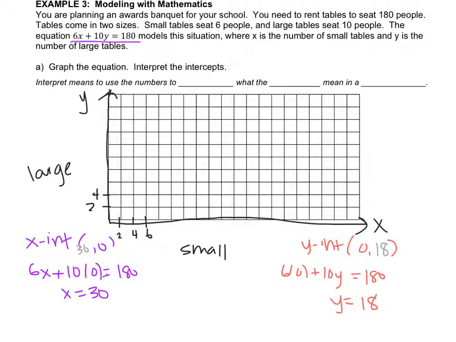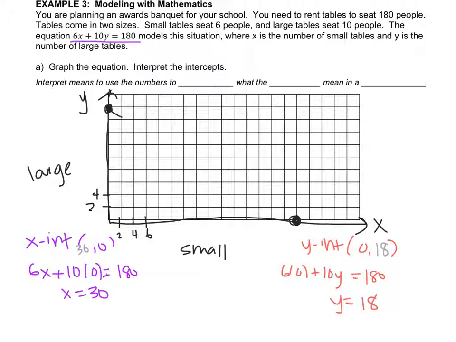Okay, so now I plot x is 30, so that's (30, 0), so 2, 4, 6. That's all the way over here. And I'm going to plot 18 on the y-axis, (0, 18), right there. And then you just connect them.